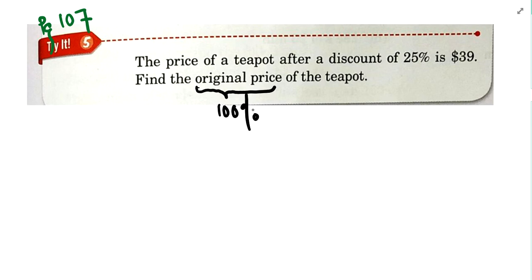No. The discount was 25% from the original 100%. So what is the price of the teapot after the 25% discount? The discount is 25%, right? But the original price is 100%. So the teapot is sold at how many percent?